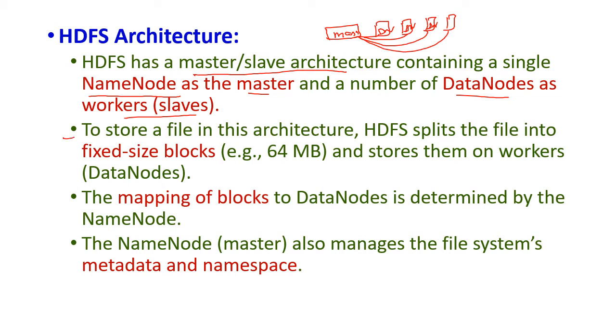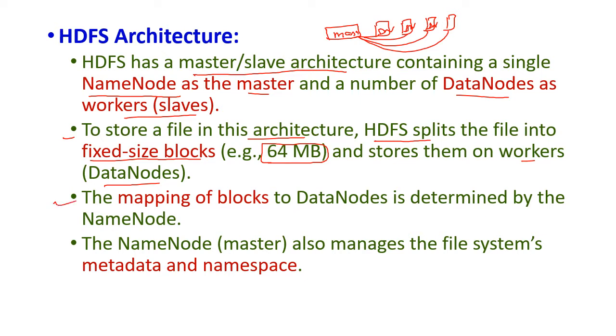To store a file in this architecture, HDFS splits the file into fixed size blocks, for example 64 MB per block, and stores them on data nodes, that is worker nodes or slave nodes.